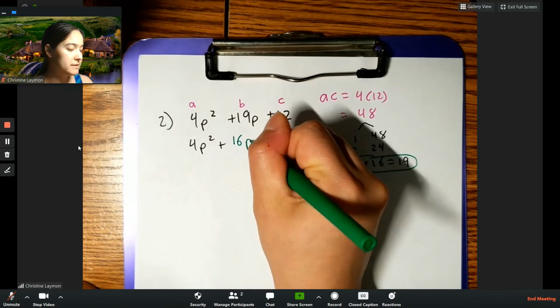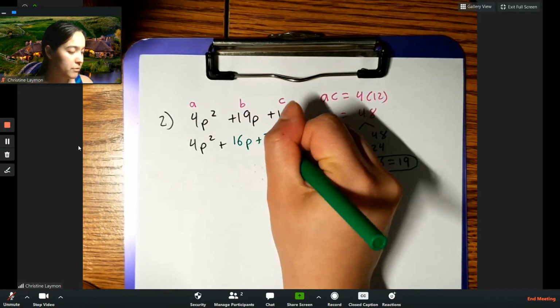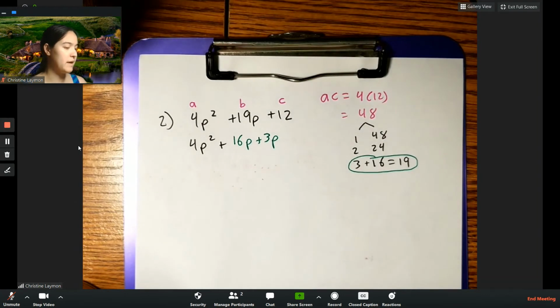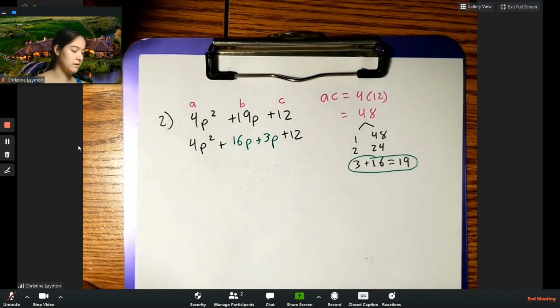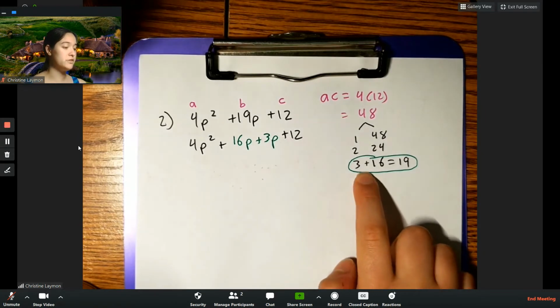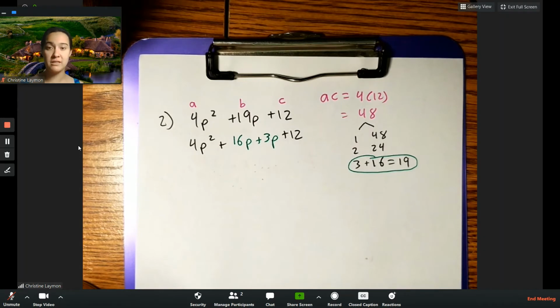So plus 16p plus 3p, and then back to the plus 12. So again, notice that 3 and 16 are the coefficients because they still get me back to 19p. I'm not changing the values. I'm simply reordering how they're being grouped. When I add them together, they'll still be the same thing.